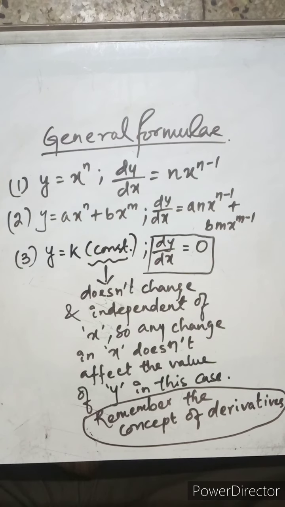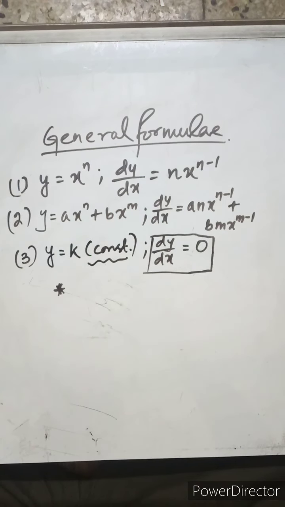In derivatives we were discussing the ratio of dy by dx, meaning the change in y with respect to the change in x. Because y is constant, it can never change. So because there is no change with respect to x, the change is 0, obviously. So this is how the concept of derivative goes. If you understand the concept, it will help you to deal with the problems in a better way.